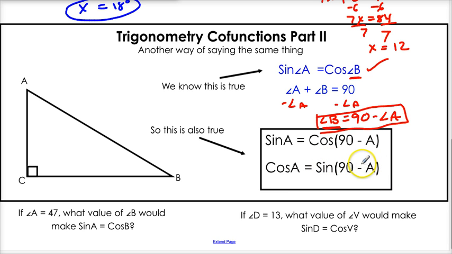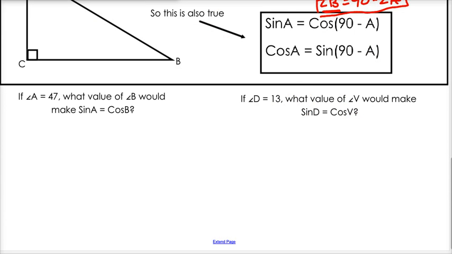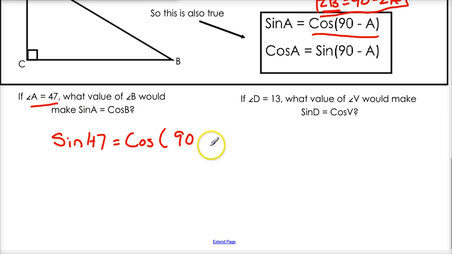All right? You're going to have to trust me on this. It is absolutely true. So I'm going to show you. If angle A equals 47 degrees, what value of B would make the sine of A equal to the cosine of B? So I'm going to say the sine of 47 is equal to the cosine of, and I'm going to use this, 90 minus A, 90 minus 47.